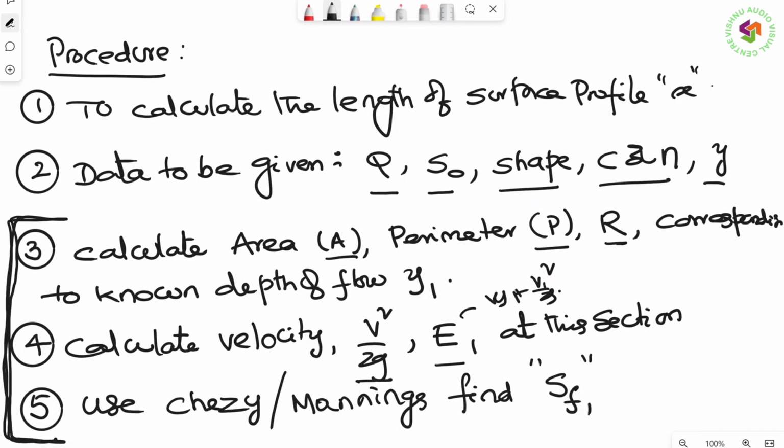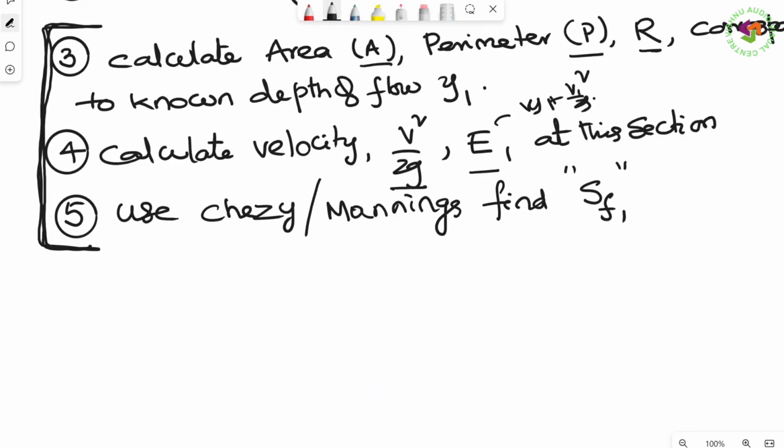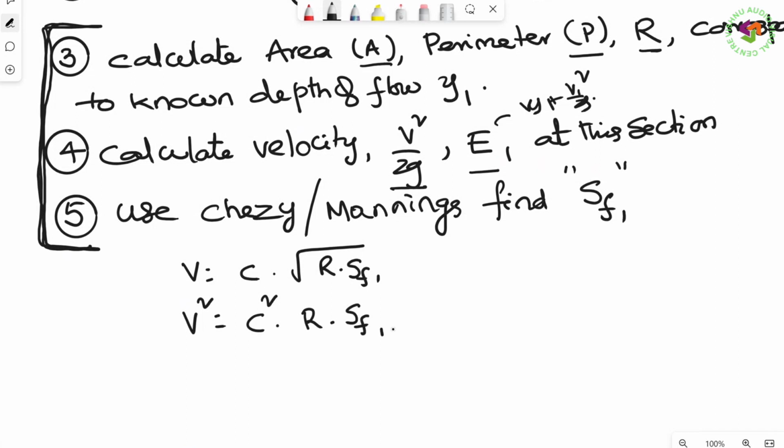Then next, after this, substitute in that and get this Sf1. How to get Sf1 if you have a doubt? You take V is equal to C root R Sf1. Then V square is equal to C square into R into Sf1.